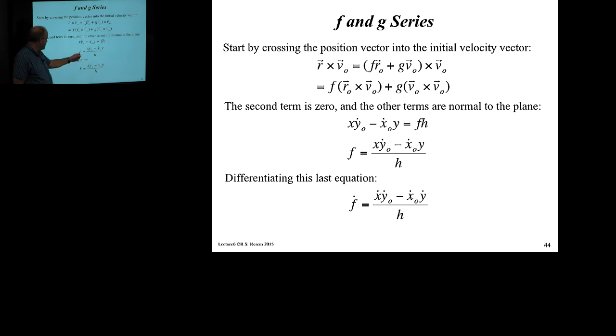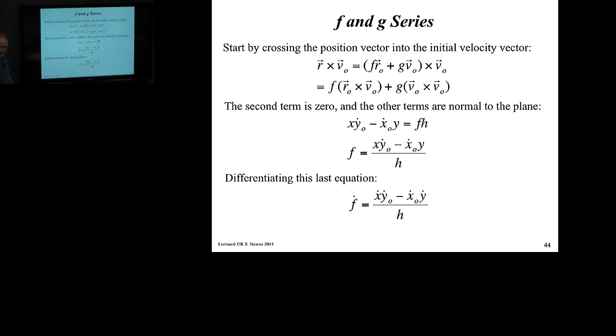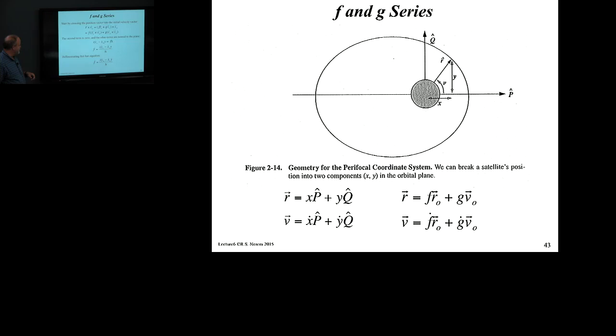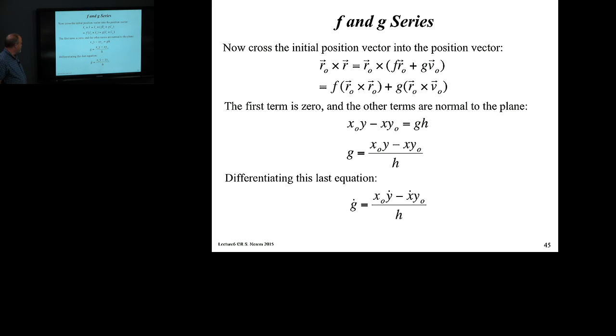You can differentiate this and get the F dot that goes into that previous equation. Those two, F and F dot, are what you would put in here. We're trying to solve for those two, and then G and G dot. Then we'll have a way to relate future positions and velocities to a past position and velocity. So you do the same thing for G by crossing R0 into R, the position vector.